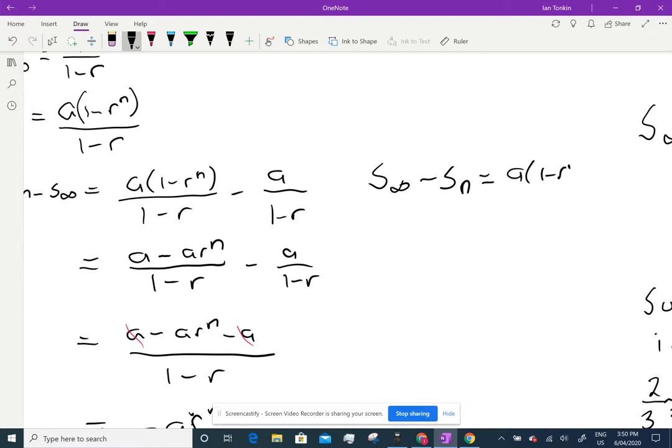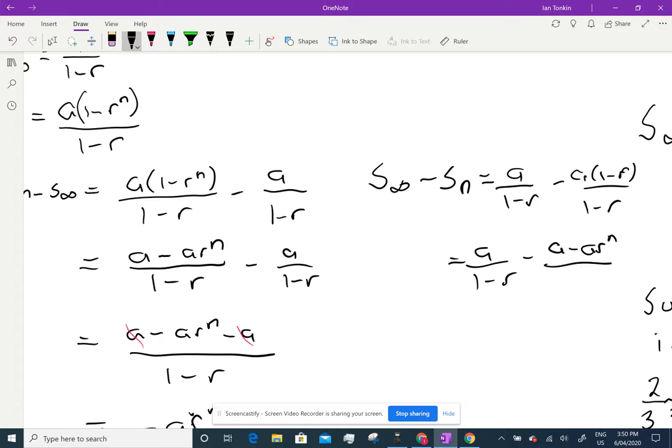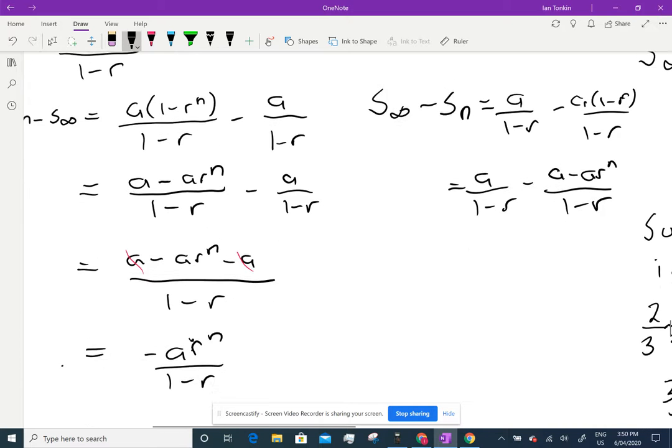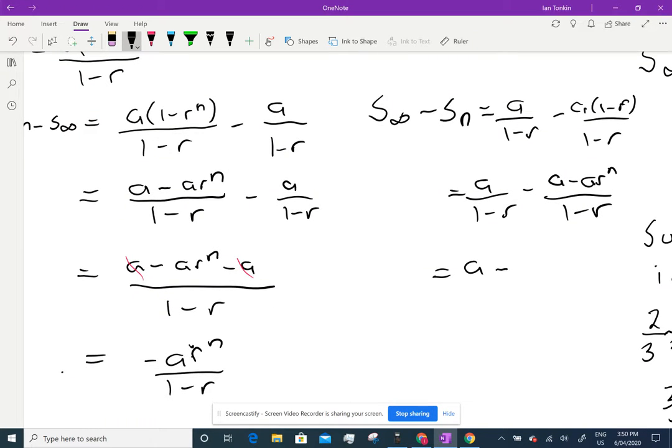A on 1 minus r minus A 1 minus r to the n on 1 minus r, which gives me A on 1 minus r minus A r to the n on 1 minus r equals A minus A 1 minus r.